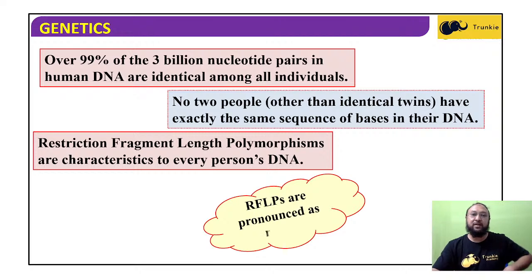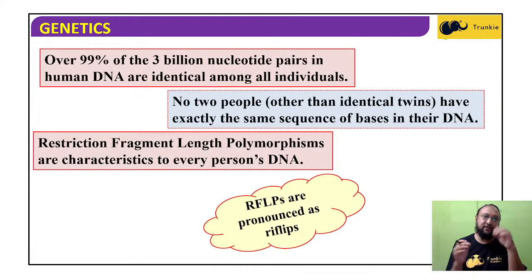So restriction fragment length polymorphisms are characteristic to every person's DNA. RFLPs are pronounced as riflips. They are unique to every person.